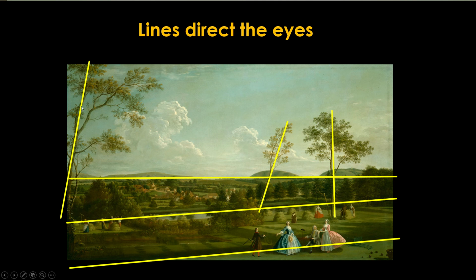So this tree has lines, the horizon, this dawn has lines, the lake here, another tree, right? So the purpose of lines in a composition, whether you intend it or not, is that they direct our eyes.